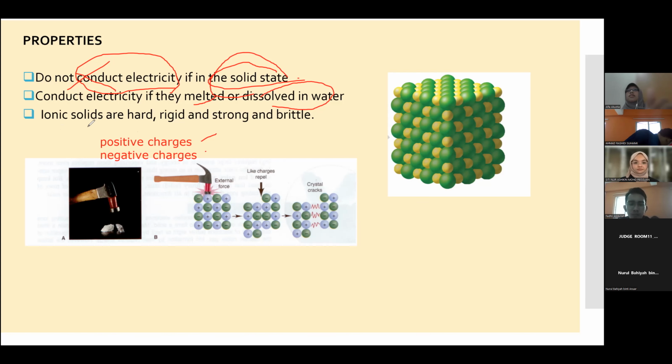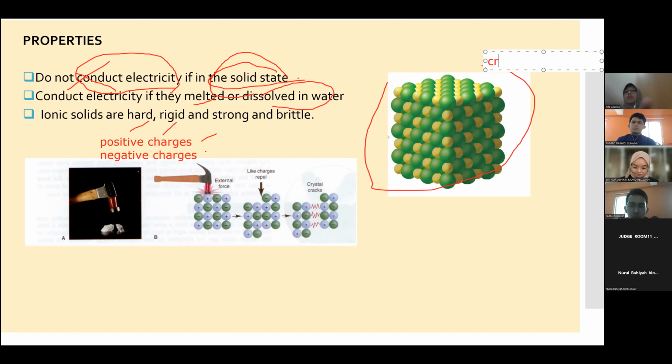And then ionic solids are hard. They are hard, rigid, strong, and brittle. Hard, rigid, and strong. Why? Because an ionic solid makes an arrangement like a crystal.